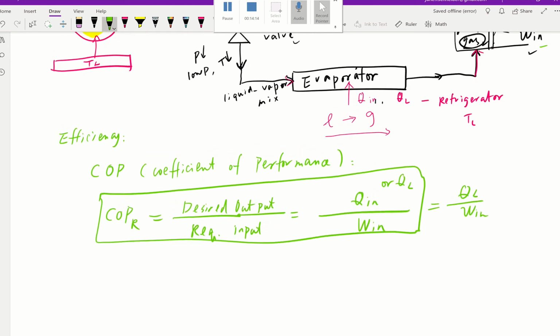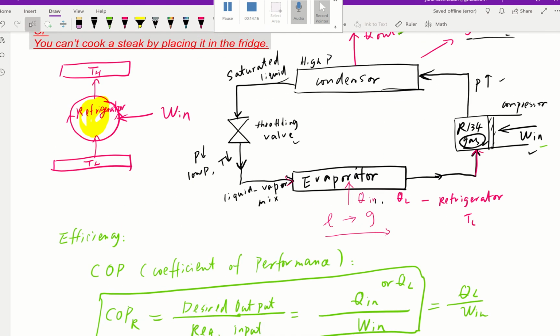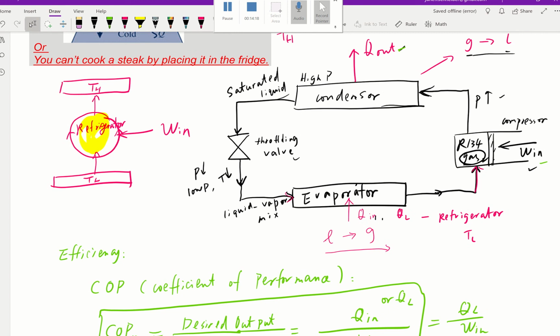Okay, now let's look at the cycle. Let's write a cycle conservation equation. By looking at this cartoon, we can see this entire cycle here. What's coming into the system? We're going to go ahead and label now.